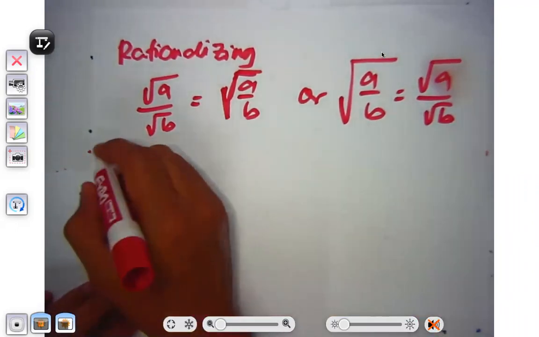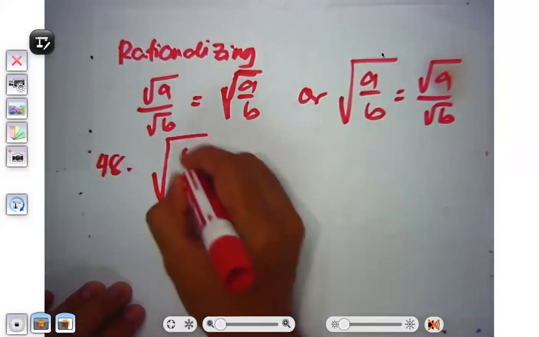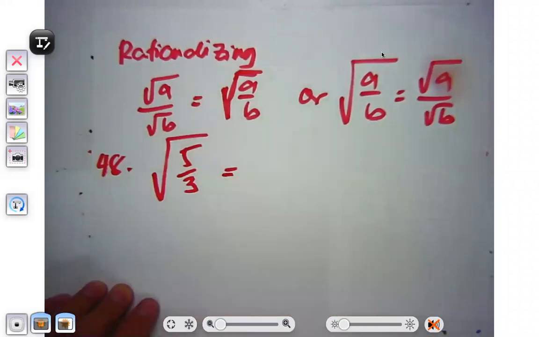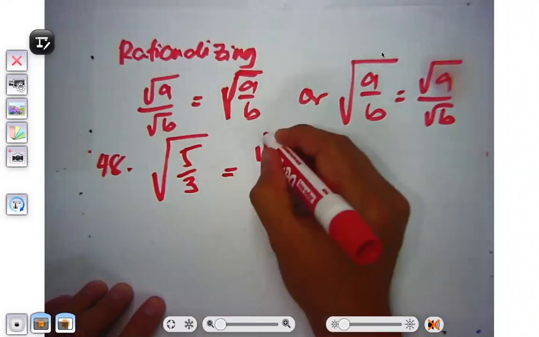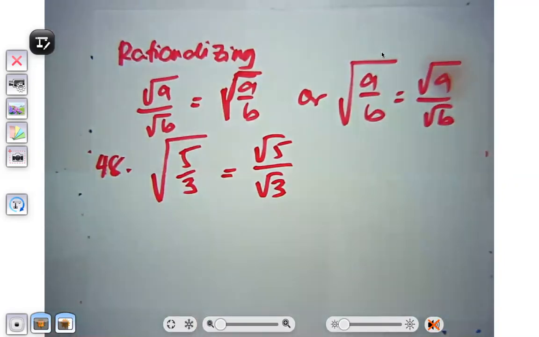Consider this problem, number 48, square root of 5 over 3. You can rewrite this as square root of 5 over square root of 3. To rationalize the denominator means to get rid of the radical in the denominator.